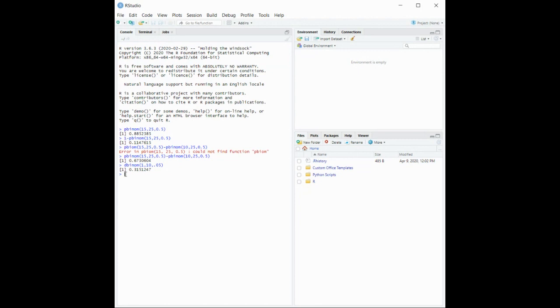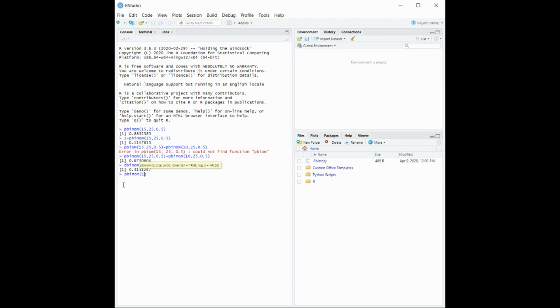So for this one, you need to again use that success or failure. So 0 is failure, success is 1. So for this one, we're going to be using the p binomial function, and it's going to be the probability of losing money, I believe.